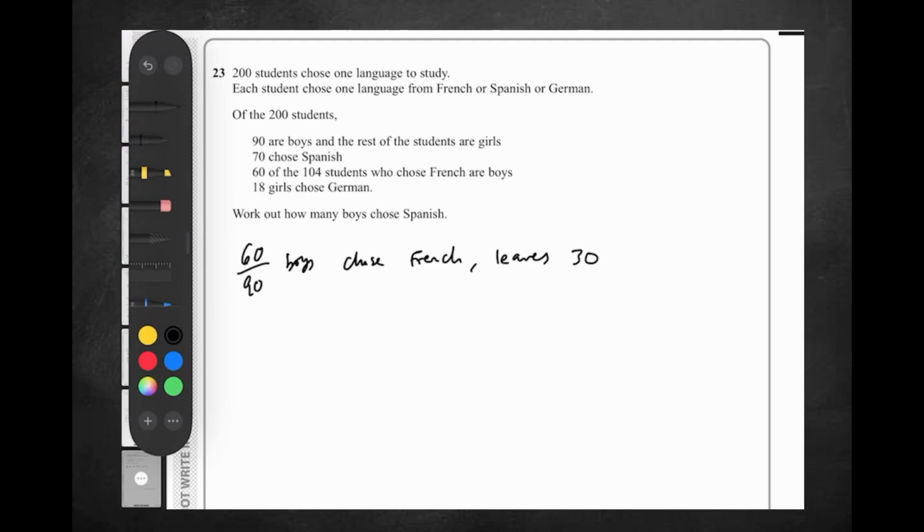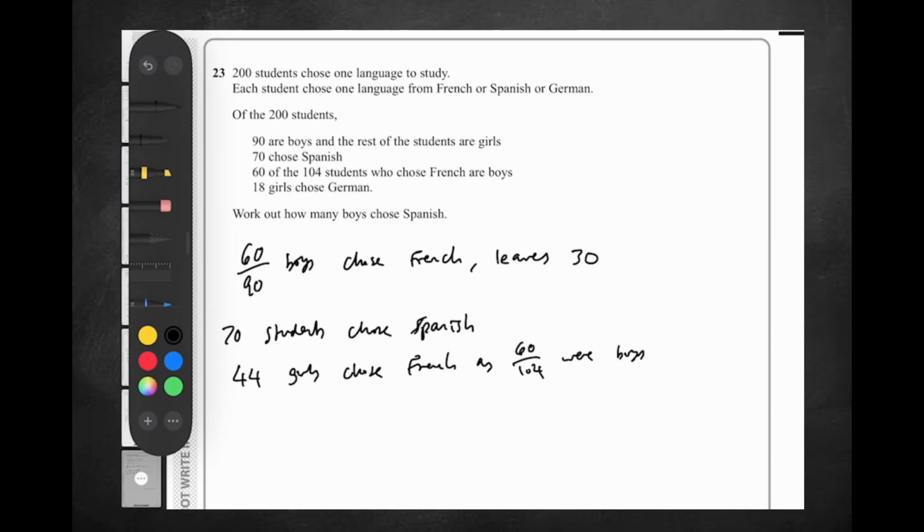So, we know 70 students chose Spanish. We know 44 girls chose French, as 60 out of 104 were boys. We know 110 are girls total, as 90 out of 200 are boys.